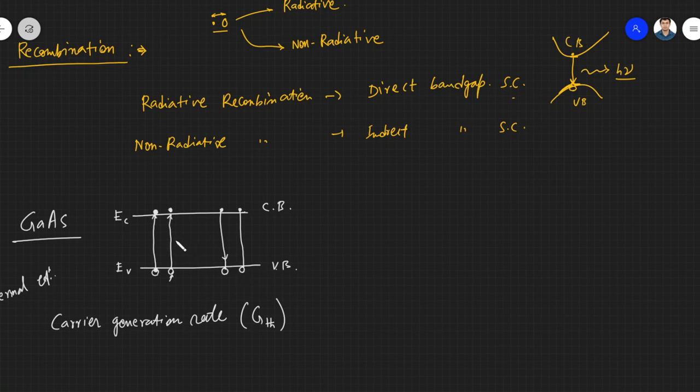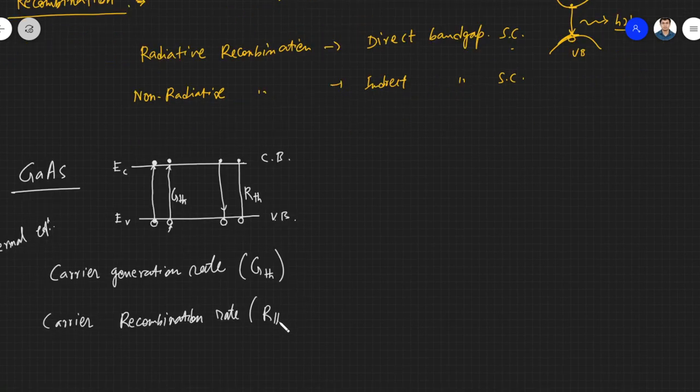So this is GTH, and the recombination rate, let's say it is RTH. Now we know very well that at thermal equilibrium these two rates have to be equal, right? Then only the system will be at thermal equilibrium. And at that condition, pn equal to ni squared also holds good, right?